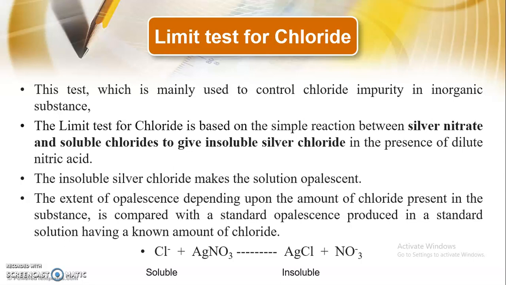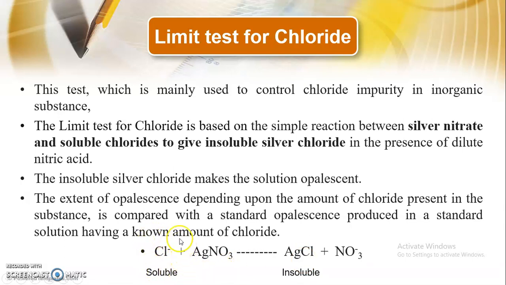In the first step, we solubilize our inorganic substance in a specific solvent, usually water, so these chlorides also become soluble. Then we add silver nitrate in the presence of dilute nitric acid. There will be a reaction between the chlorides and silver ions, and insoluble silver chloride is formed. The quantity of AgCl produced depends upon the chlorides.